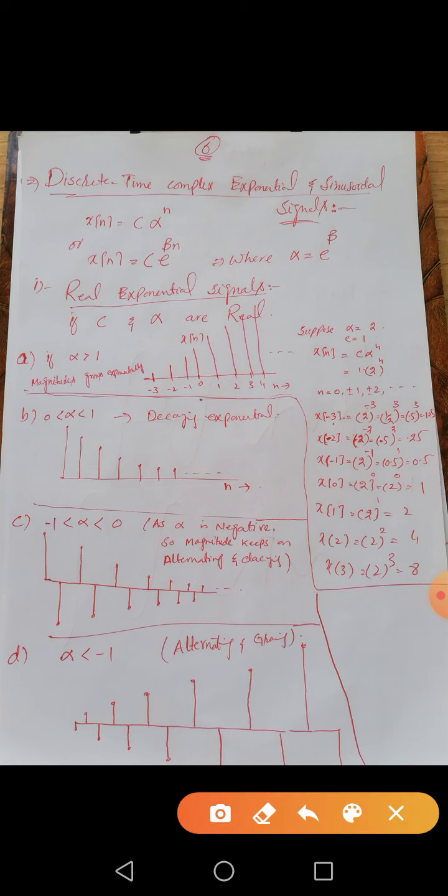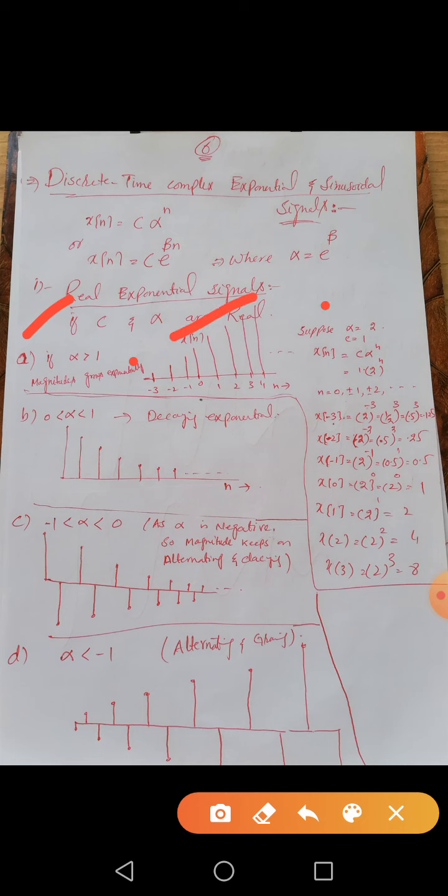For example, see case a. If alpha is greater than 1, which means 2, 3, 4, 5, 2.5, 3.5, any value greater than 1, you can see that the magnitude of x of n will grow exponentially like this.